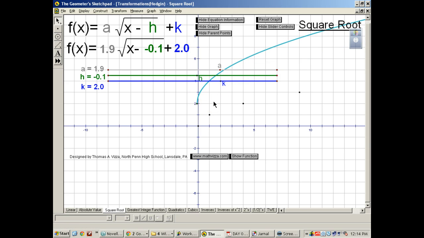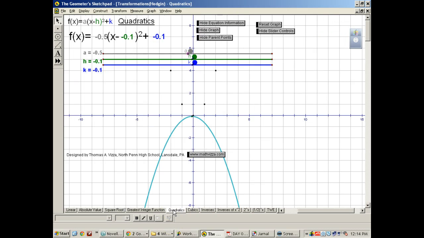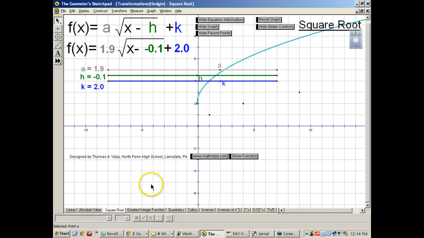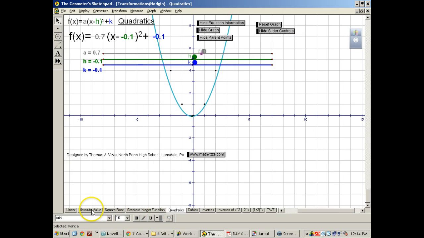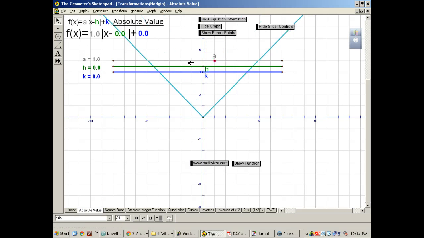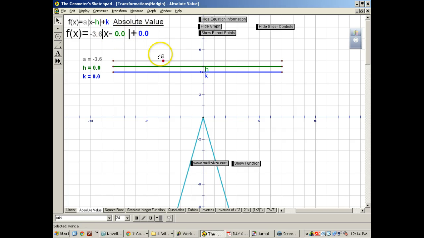So be thinking along these lines and relating it to everything else we've done so far, and realizing opening up might look different for a parabola and a square root, but really it's kind of the same thing. Anytime this is negative in front, we know what that number does inside and so on.